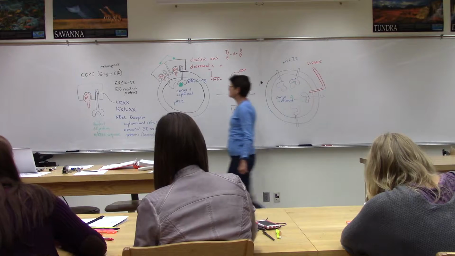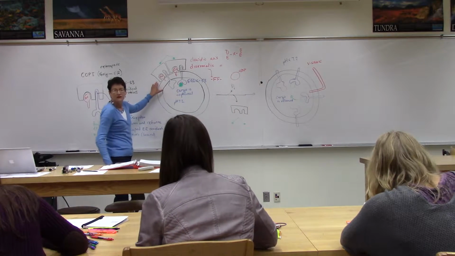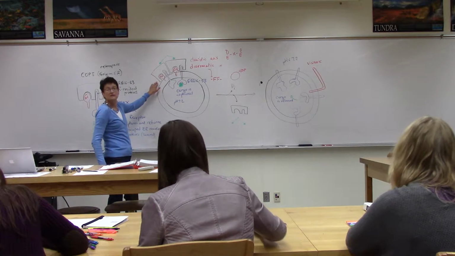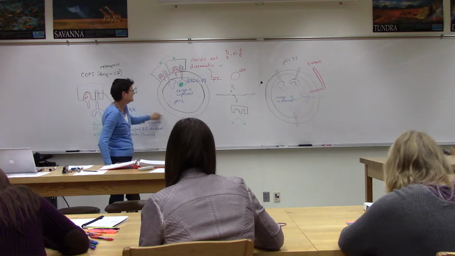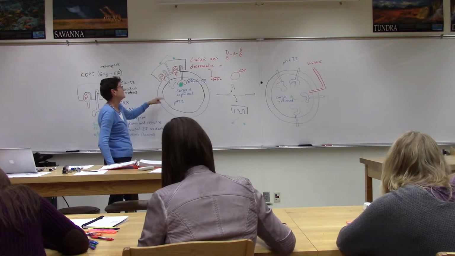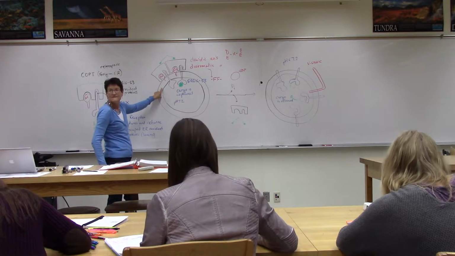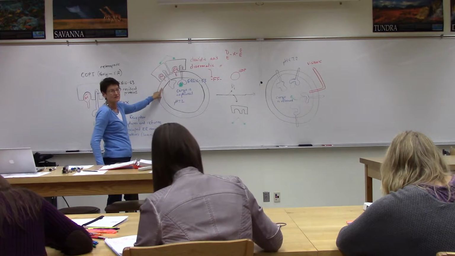So as you get bored and you're redrawing your vesicle, you can squeeze a V-SNARE in there somewhere, because they get picked up. They're going to get bound up in a COPII coated vesicle. I just didn't have room for it.